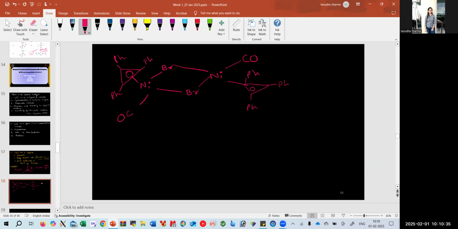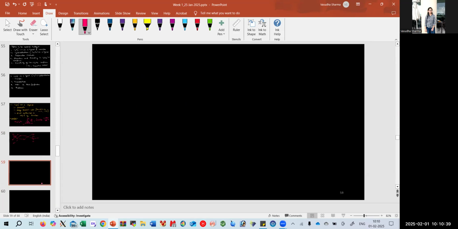Now, another example that we have: example 2. When we take this system, it is bound with pyridine and bromine, and the fourth bond is with the C3Ph3 ligand.